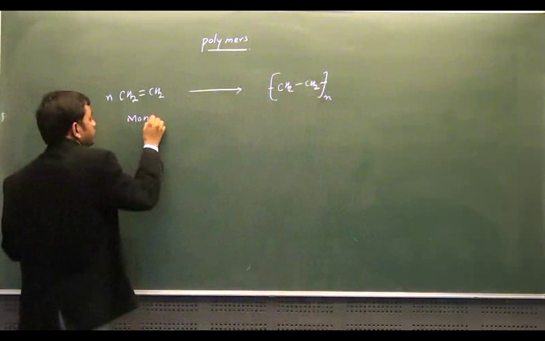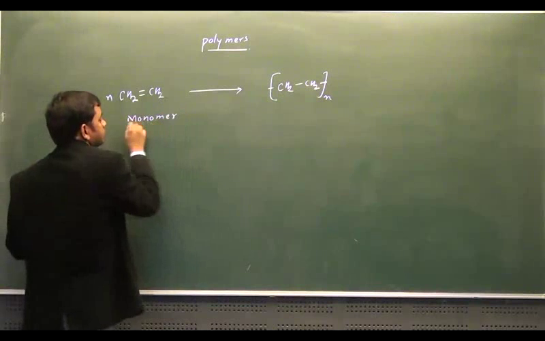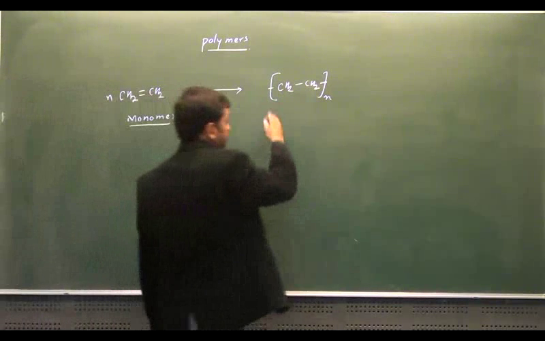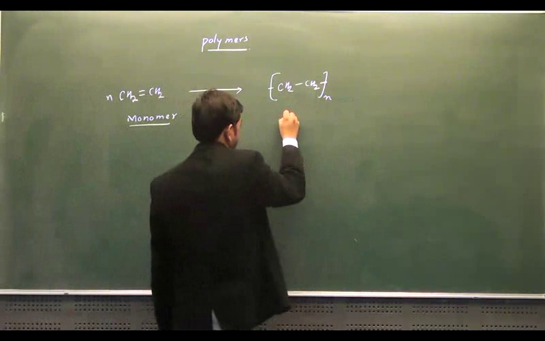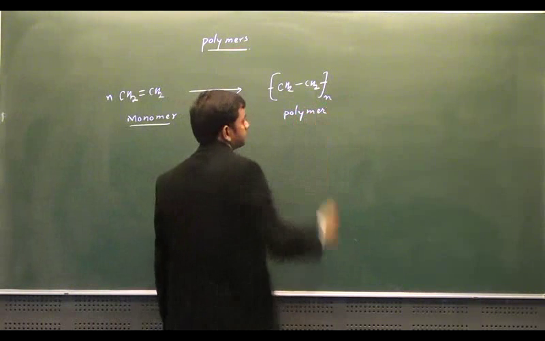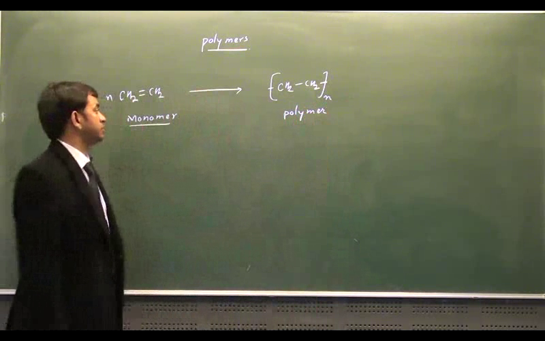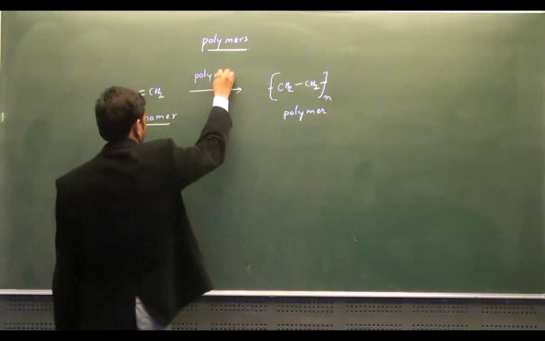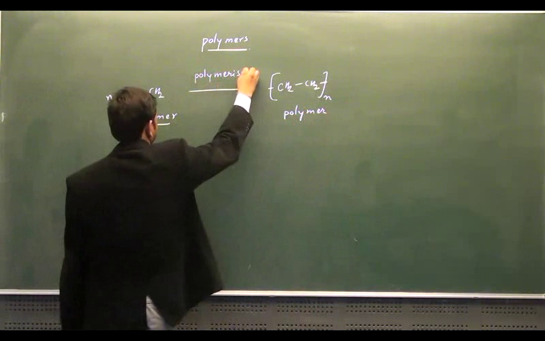When ethene molecules combine, they give the linear polymer. This is the polymer of ethene, and this process is known as polymerization. Formation of polymer is known as polymerization.